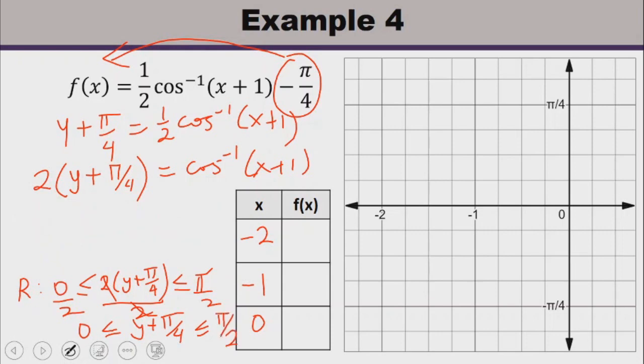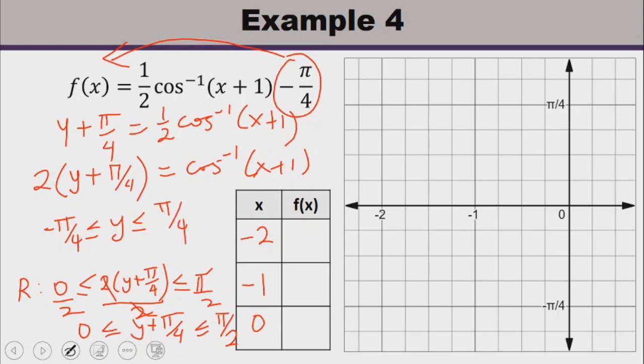So I need to now subtract pi over 4 across this inequality to be able to reduce the middle of it to y. So 0 minus pi over 4 becomes negative pi over 4. And pi over 2 minus pi over 4 is going to become positive pi over 4.